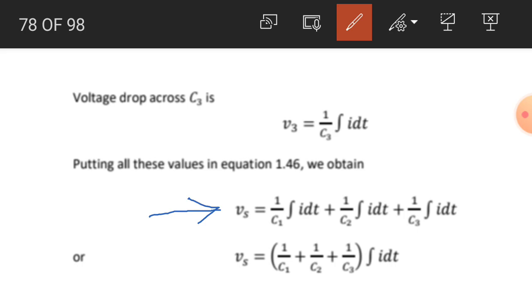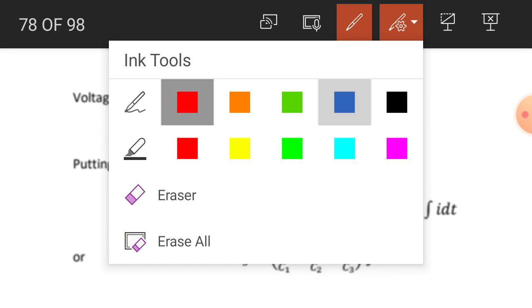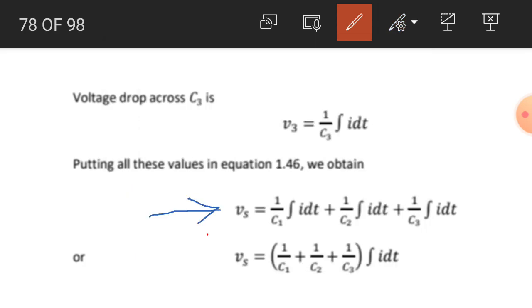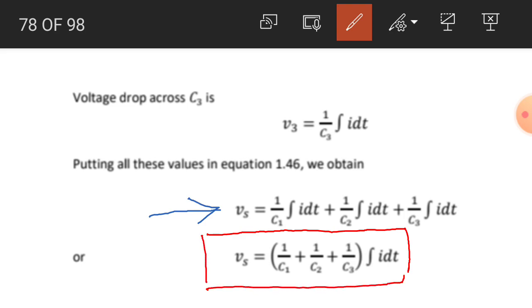Then we rearrange this equation. The source voltage will be equal to 1 over C1 plus 1 over C2 plus 1 over C3 into the integration of I dt. Let me call it equation number A.